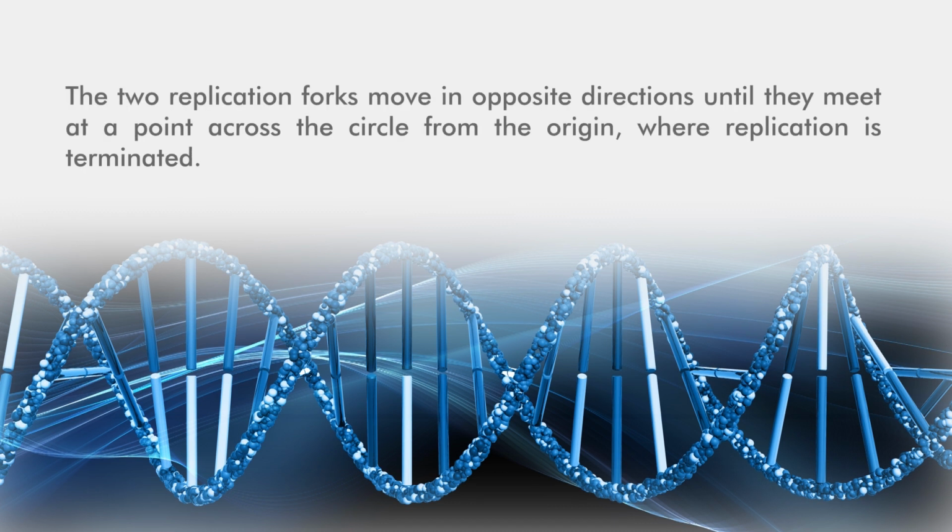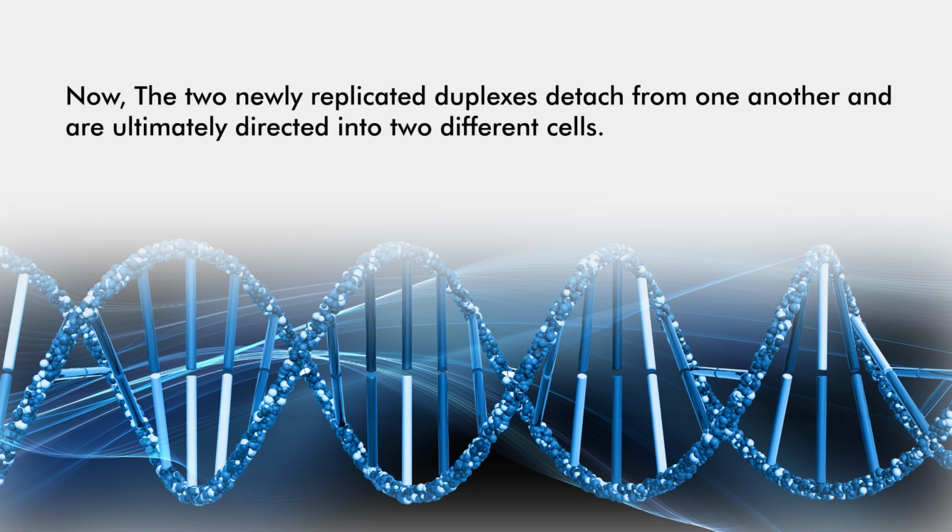The two replication forks move in opposite directions until they meet at a point across the circle from the origin, where replication is terminated. Now, the two new replicated duplexes detach from one another and are ultimately directed into two different cells.